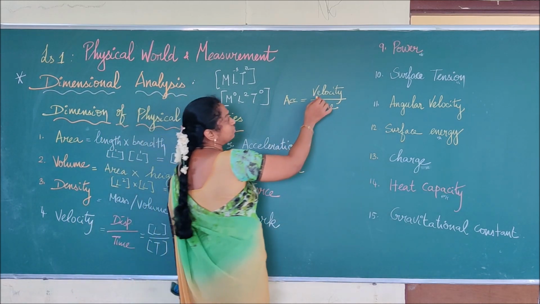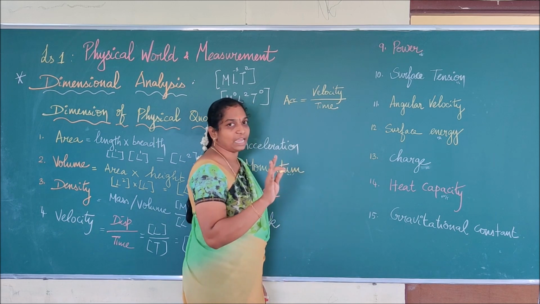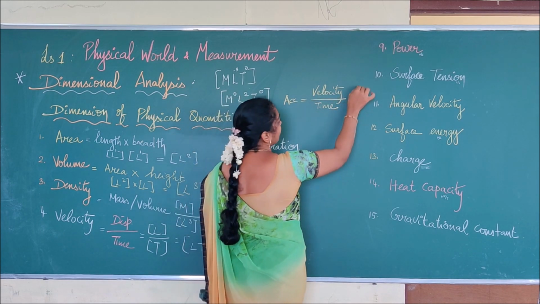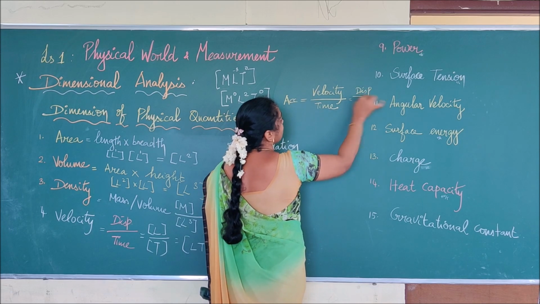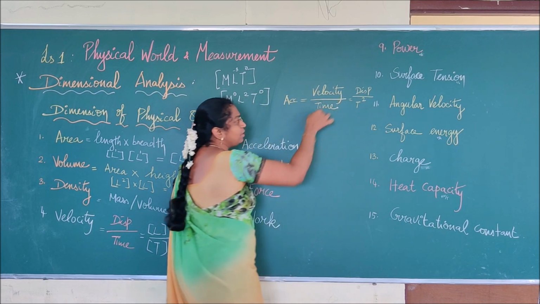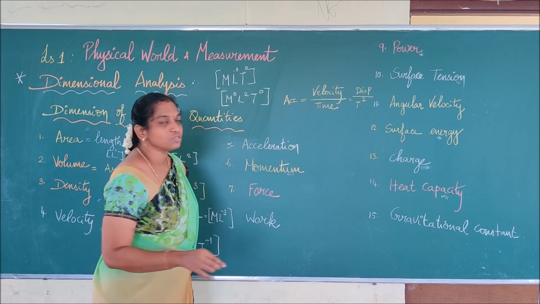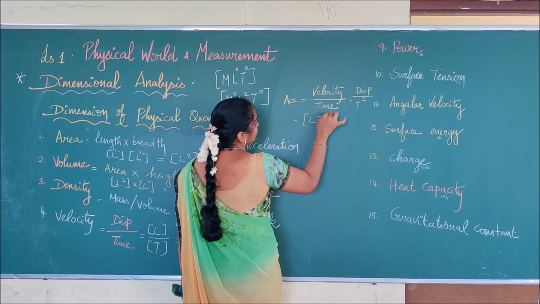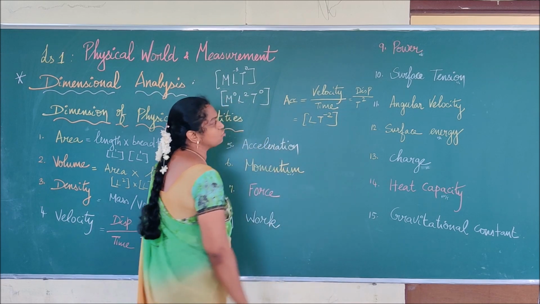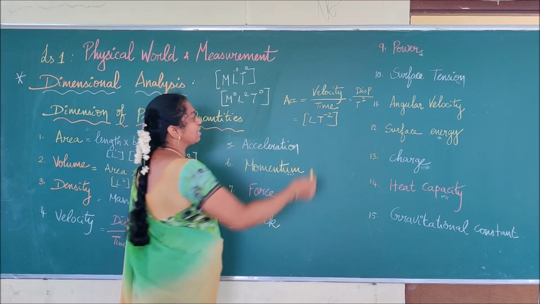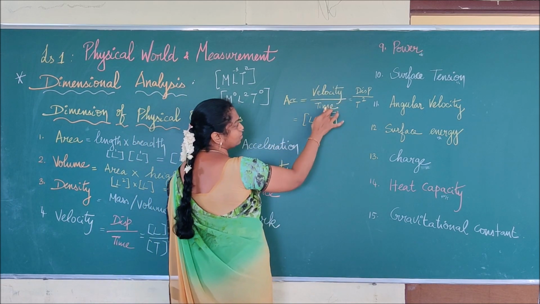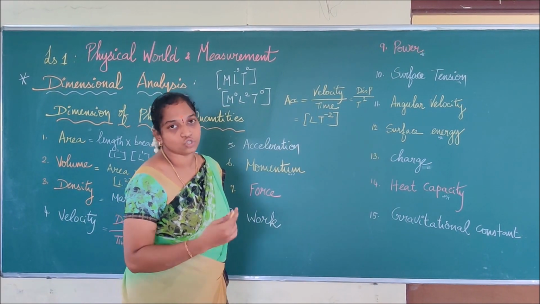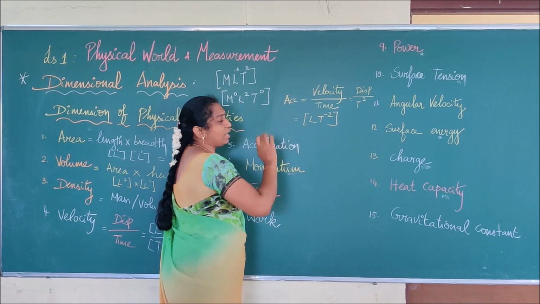So displacement by time taken, divided by time, becomes displacement by time square. Time into time becomes time square. Displacement is capital L, so it becomes L T power minus 2. Or we can say it is L T power minus 1, and this T, when it goes up, becomes L T power minus 2. So that is the acceleration dimensional value.